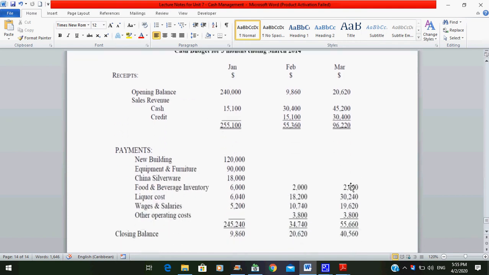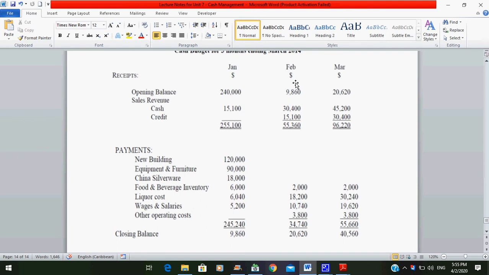Then remember the 2,000. So we invested, with another measure in A, say because of the increase in revenue each month, $2,000 will be invested in purchasing food and beverage inventory in February, with another increase of what? 2,000 in what? March. So I have a 2,000 right there. Now for the liquor cost, remember that we were saying before that this money would have included the amount coming from what?